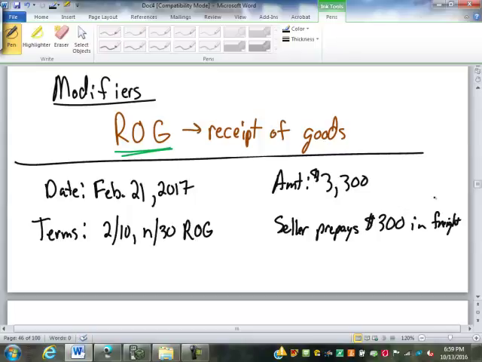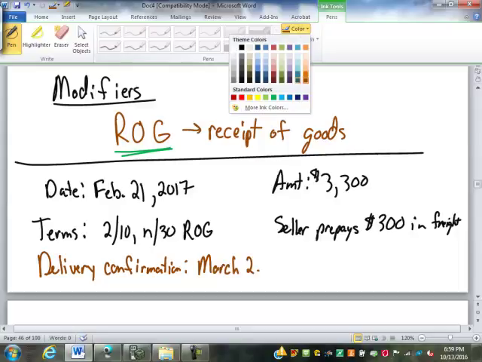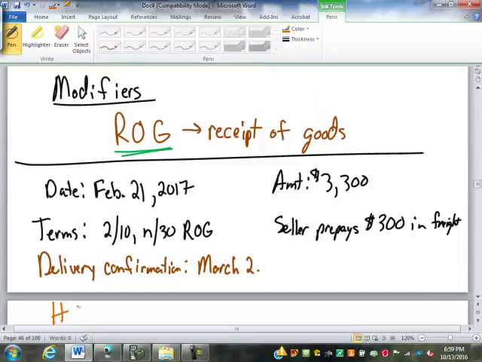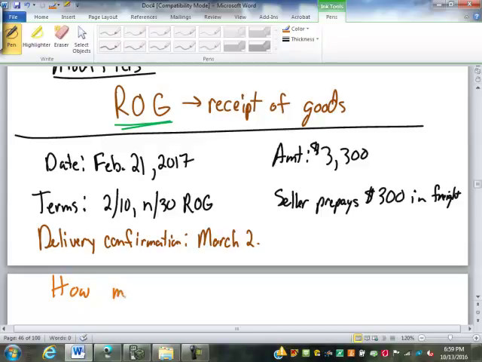Seller prepays $300 in freight costs. Delivery confirmation. We received that it was delivered on March 2nd. How much is paid if paid on March 11th?